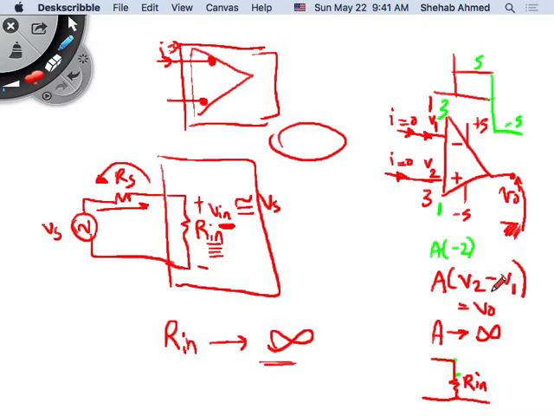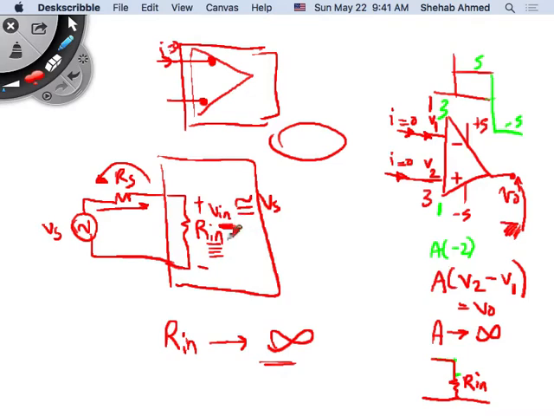If I'm going to have some sort of output that is reasonable and not saturating, it's obviously going to mean that V2 minus V1 is going to have to be very small, assuming I get some reasonable output, not saturation. We're obviously not studying this to get output saturation, positive or negative. We're studying this because there is a way to make V2 minus V1 multiplied by this gain a number that is useful, and we will study that.